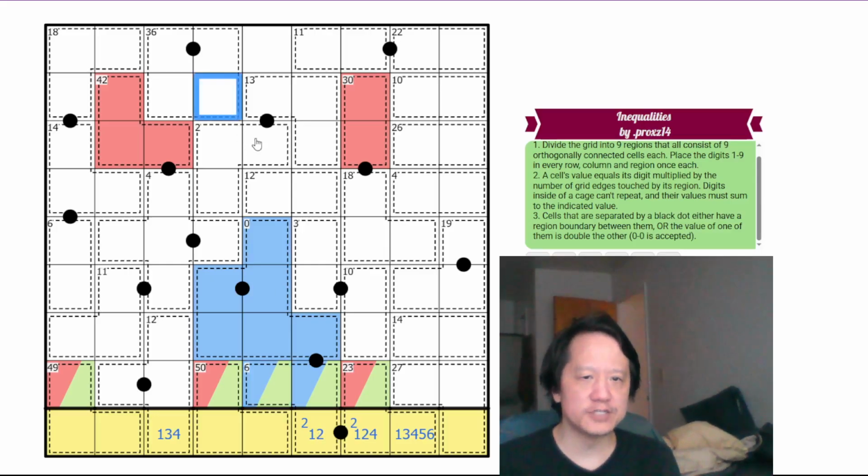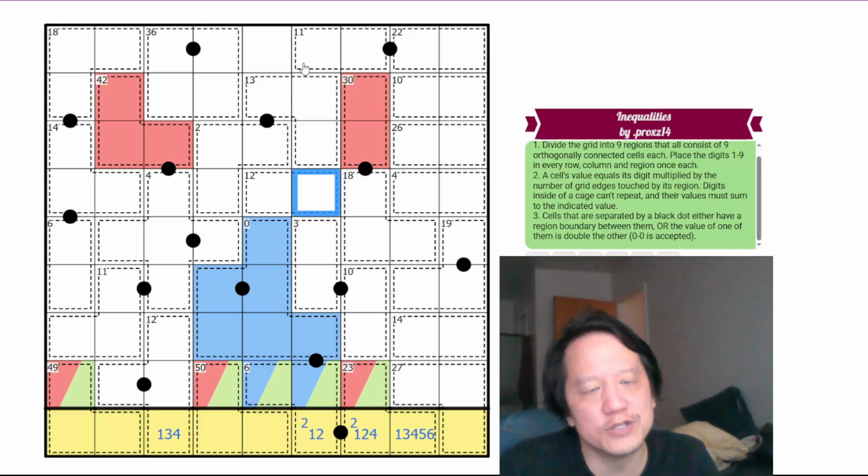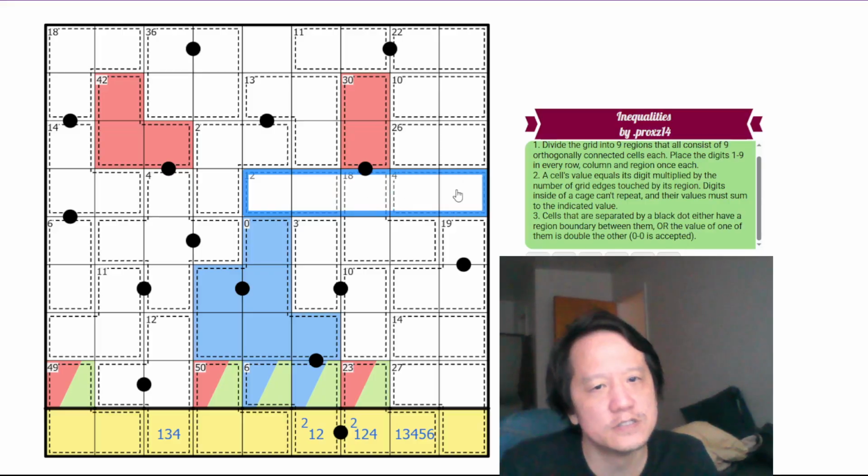Oh, this cannot be 1 and 2. So at least one of these is a blue. Technically, this could touch 2 edges. So we don't know if one of those is a blue.